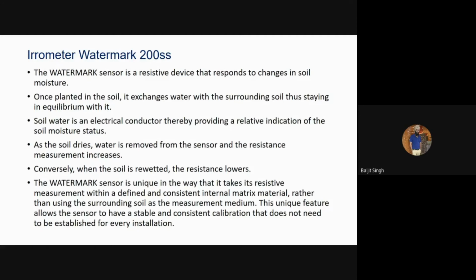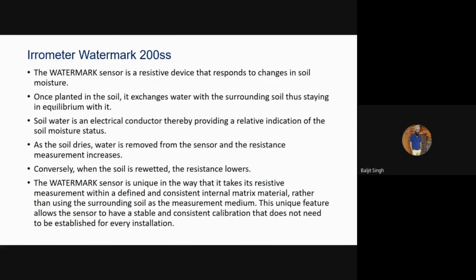It has one kind of porous cloth or foam material surrounding the sensor, and this porous material gets wet when dipped in the soil. The resistance of the sensor changes according to the water content in that material.